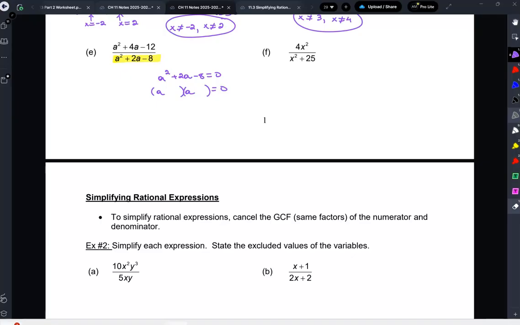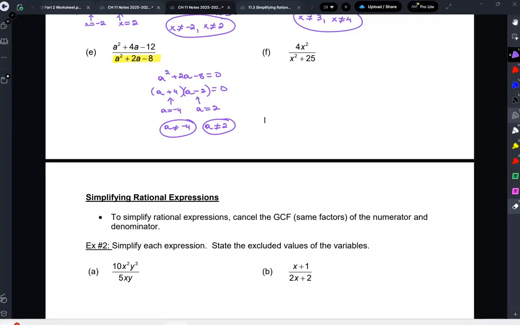Plus 4, negative 2. So here and here. So I get a is negative 4. a is 2, so a can't equal negative 4. a can't equal 2.